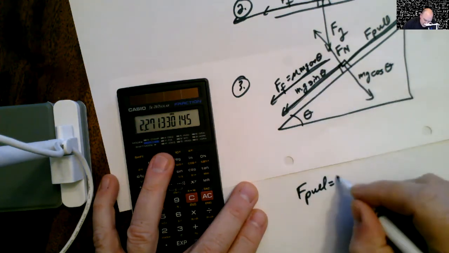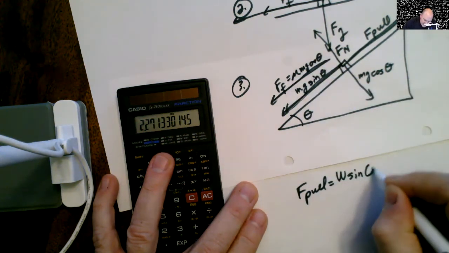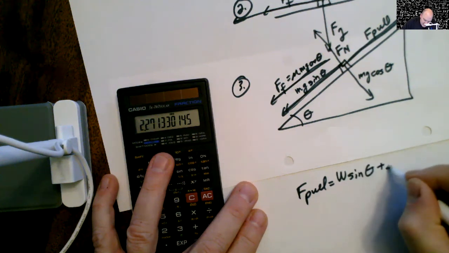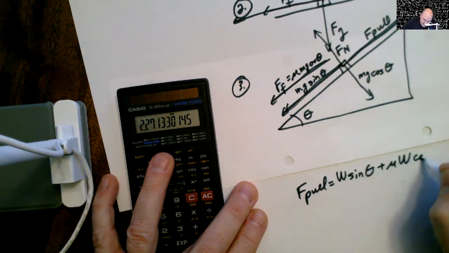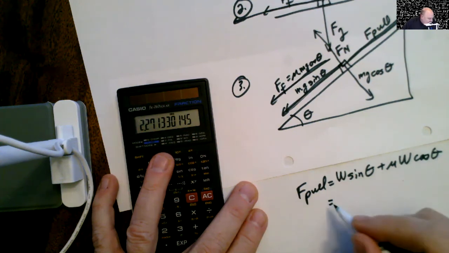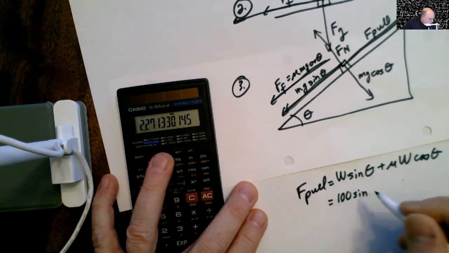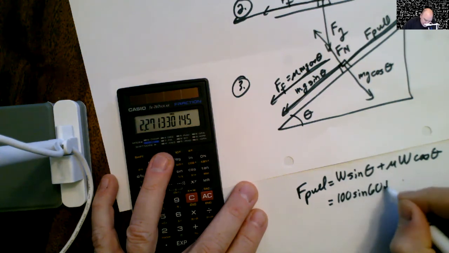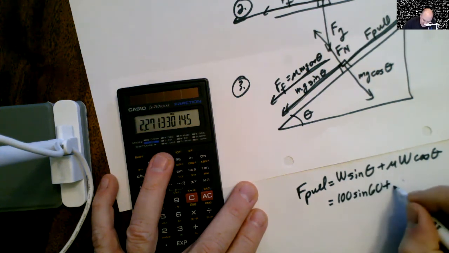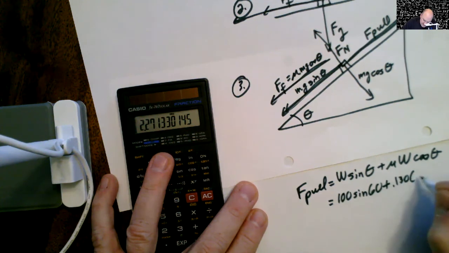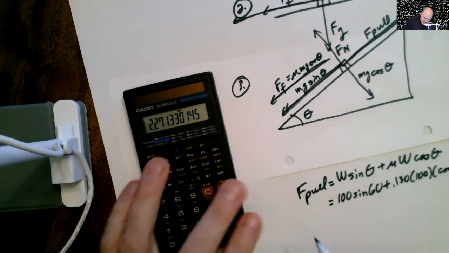I can do weight sine theta plus mu weight cosine theta. So the F pull is going to be the weight, 100, times the sine of the angle, which was 60, plus mu, which is 0.130, times the weight, 100, times cosine of 60, which should give me my pull force.